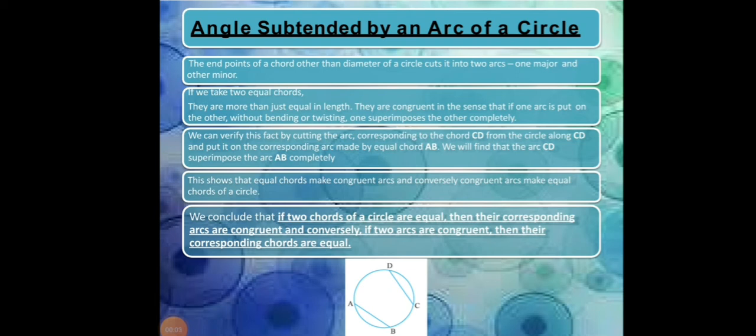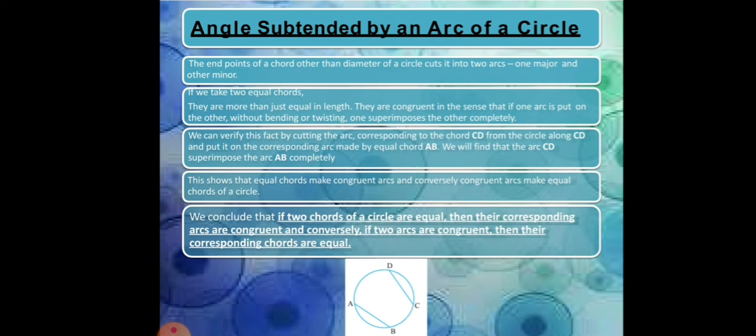Next is angle subtended by an arc of a circle. The endpoints of a chord other than the diameter of the circle cut it into two arcs, one major and the other minor. If we take two equal chords, they are more than just equal in length, they are congruent in the sense that if one arc is put on the other without bending or twisting, one superimposes the other completely.